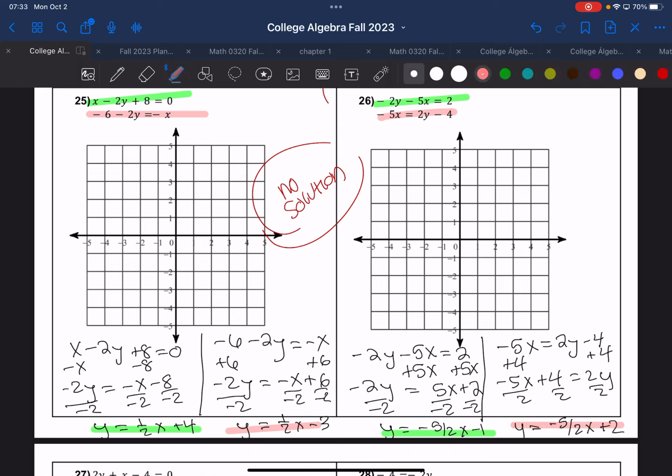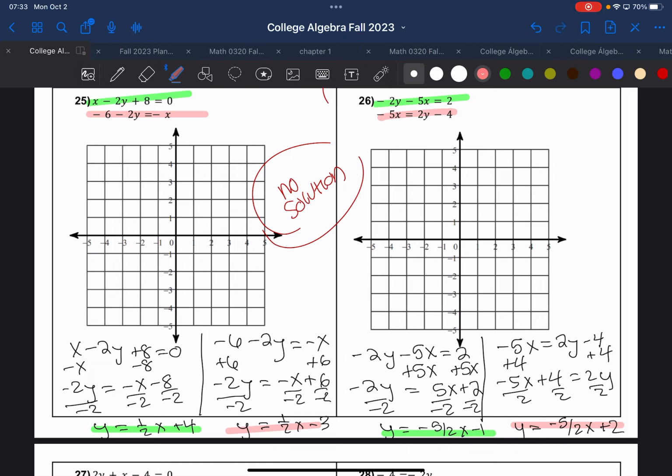What do we notice about these equations? Are they exactly the same? No, so that means it's not going to be infinite, and it's not going to be one solution.